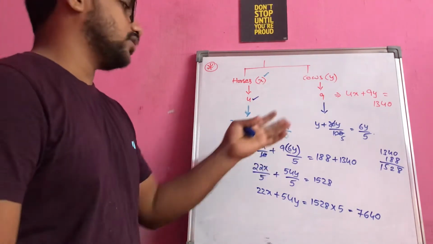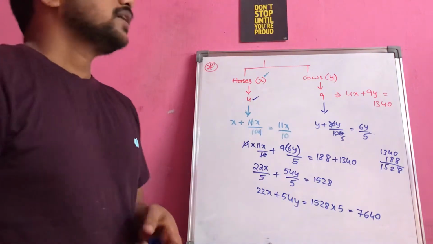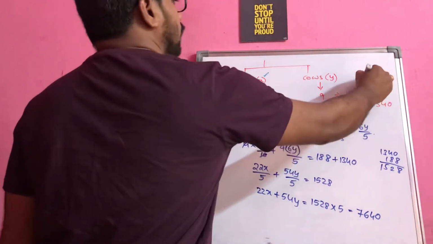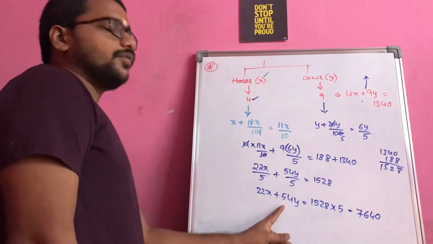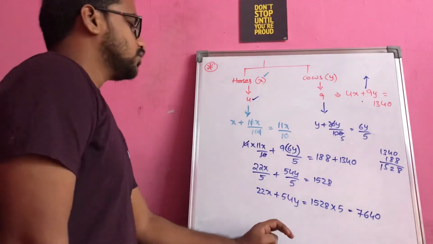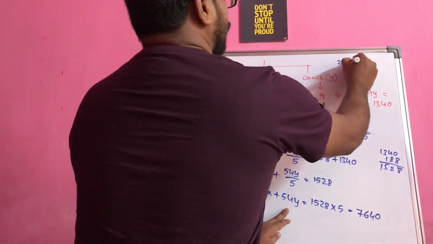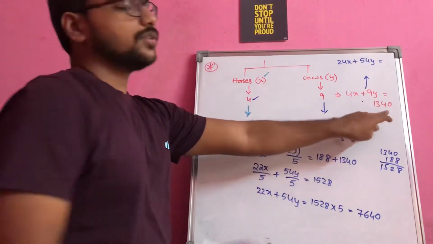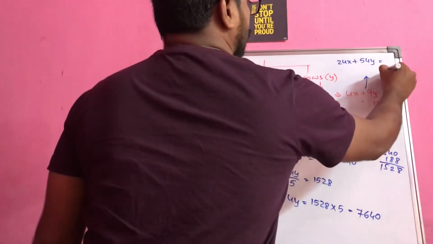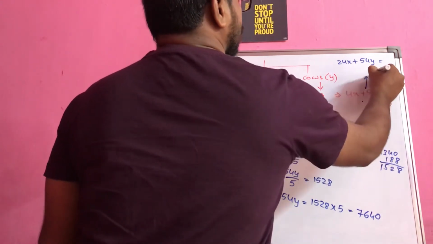So now we have to simplify this to get the value of x and y. So this equation I will multiply with 6 on both sides, because 9 sixes are 54, here already we are having 54. So if I multiply with 6 throughout this equation, I will be getting 24x plus 54y is equal to 6 into this value. 6 fours are 24, 6 threes are 18, 20 and then this is 8.